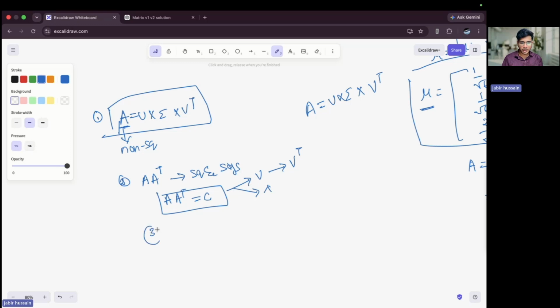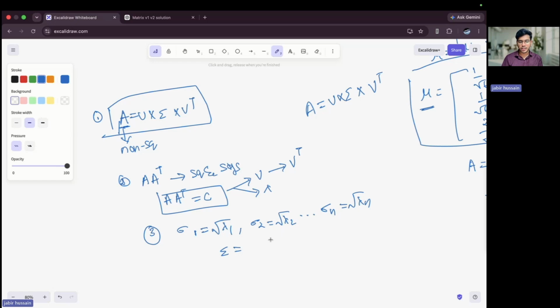Now the third equation is for our sigmas, our singular values: the value of sigma 1 is equal to the root of lambda 1, the square root of the eigenvalue. Similarly for lambda 2, and if there are n lambdas, then up to lambda n. That is how we get all the singular values.